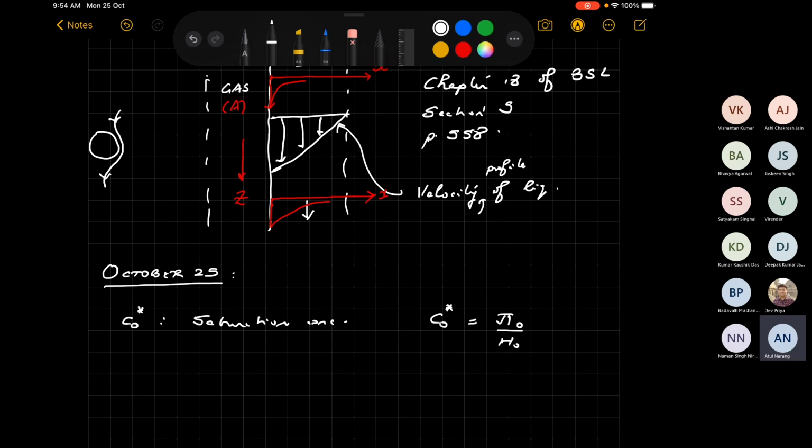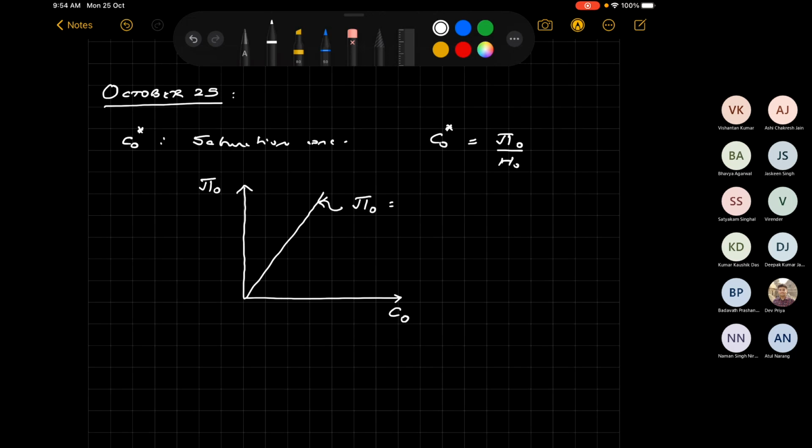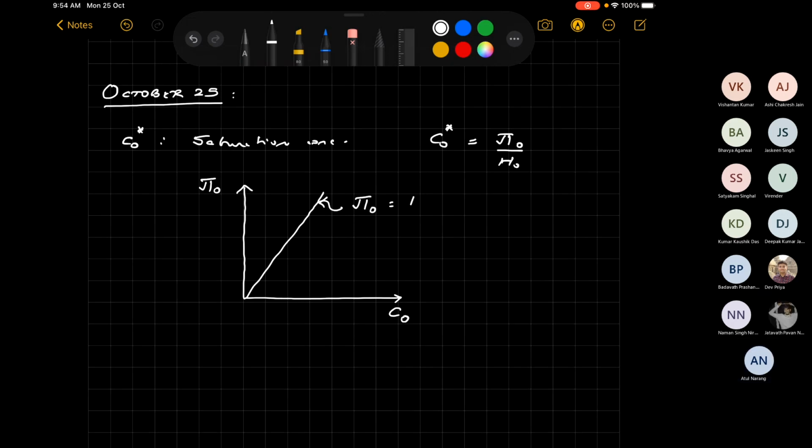So going back to the picture that I gave you for Henry's law, we had CO over here and pi O over here. This is pi O equals HO multiplied by CO. So this is the relationship between the equilibrium concentrations.